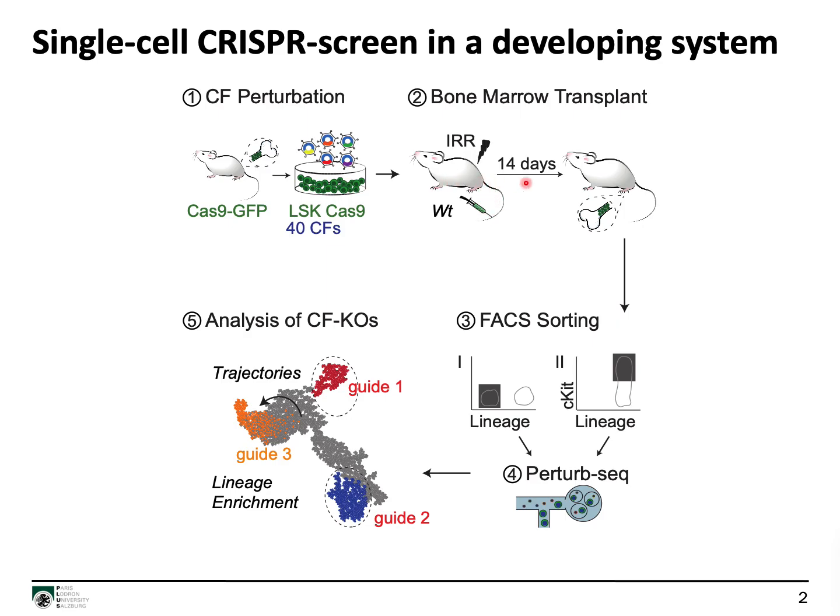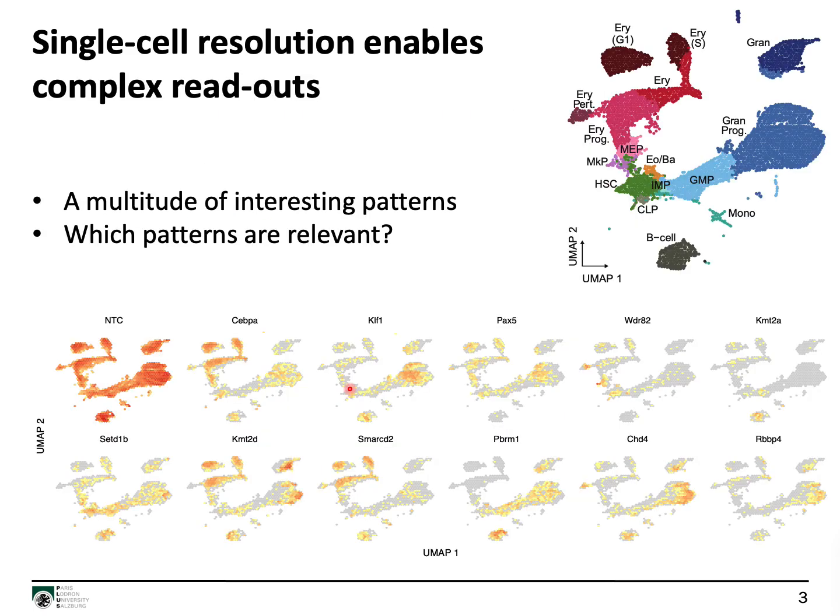And then after 14 days, these cells performed hematopoietic development in those mice. After 14 days, the hematopoietic cells were sorted out and underwent single-cell sequencing. And then we analyzed the data to understand the effects of these chromatin factors on hematopoietic development.